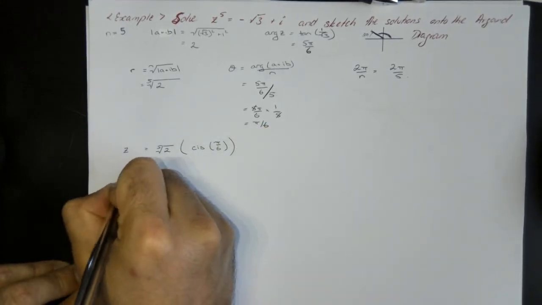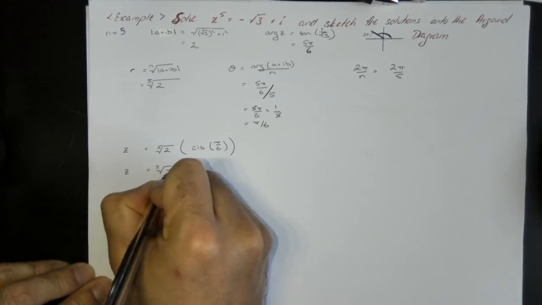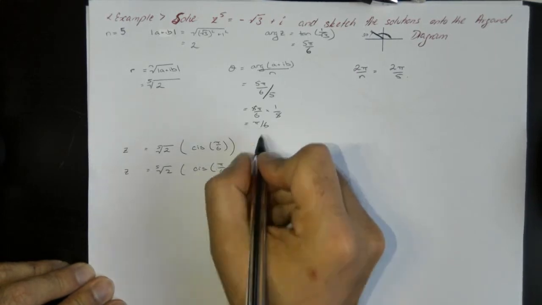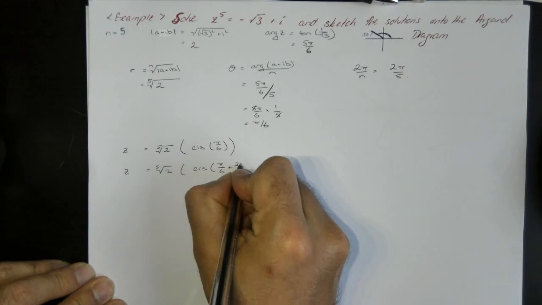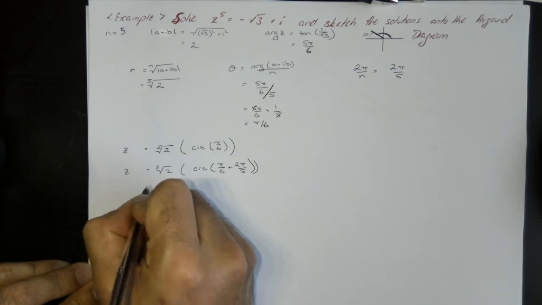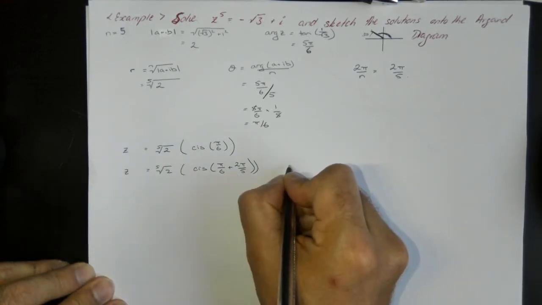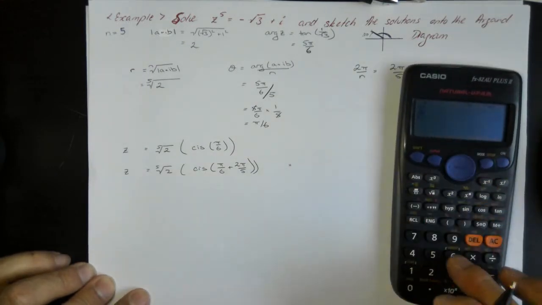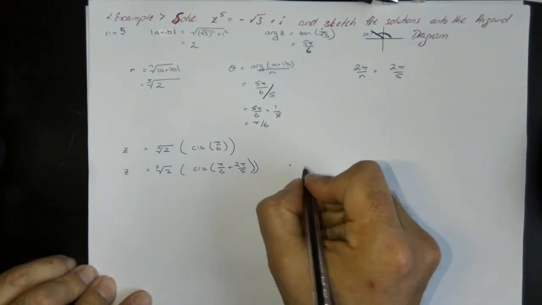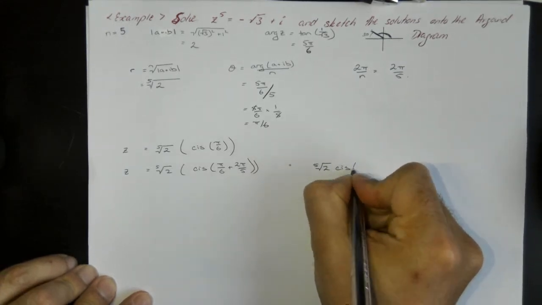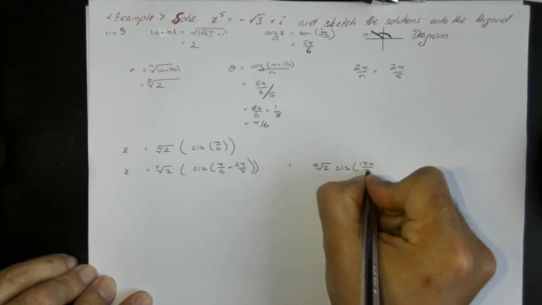The next one is going to be cis of pi on 6 plus 2 pi on 5. Maybe I'll do it here. So pi on 6 plus 2 pi on 5 is 17 pi on 30. So this one's going to be 17 pi on 30.